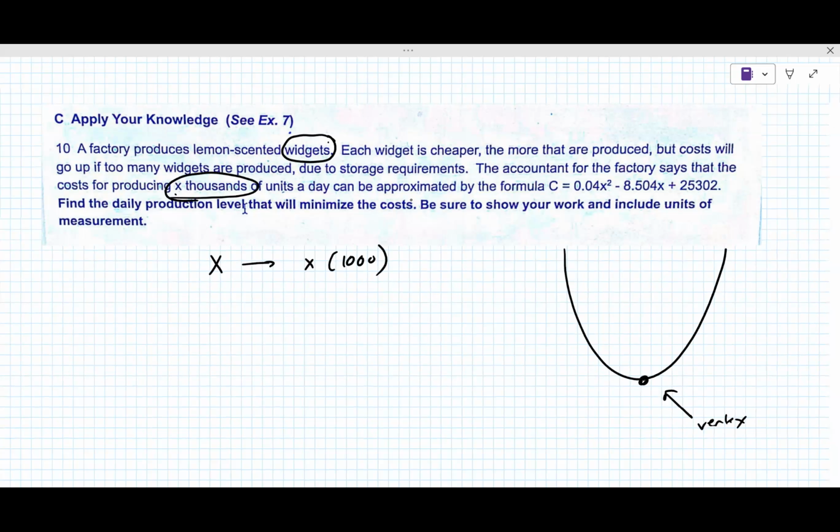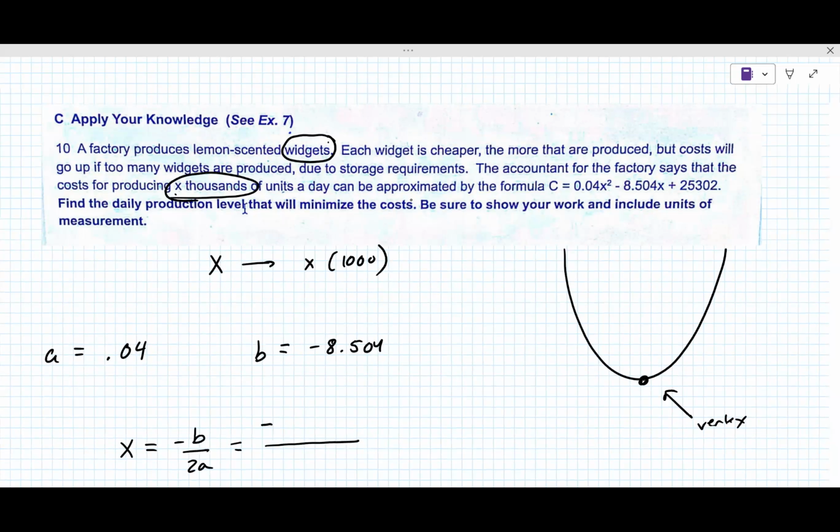Okay. So the vertex is always minus b over 2a. So a is 0.04, b is minus 8.504, and you have to put those values into this equation.